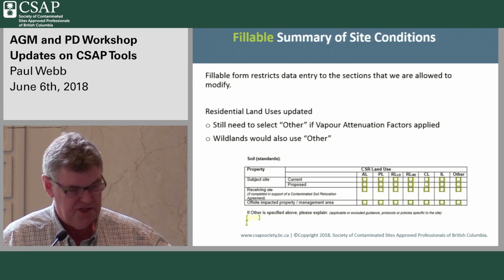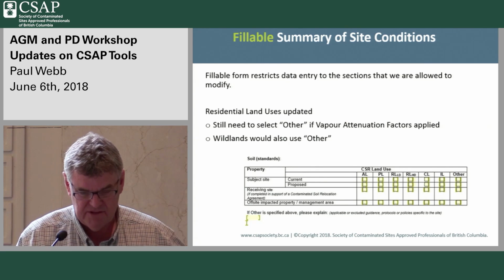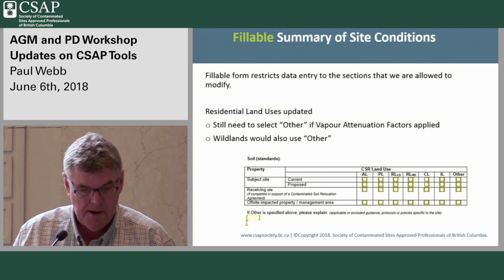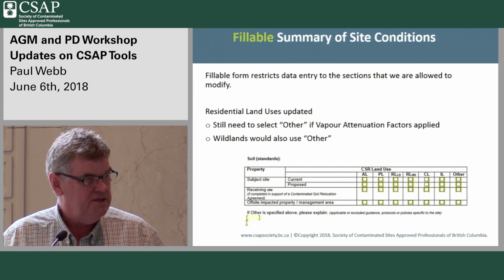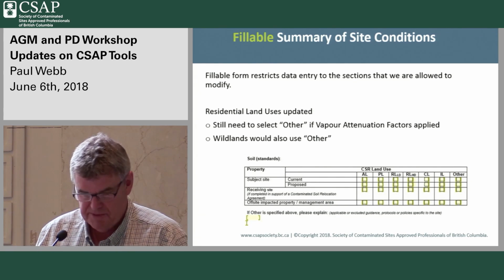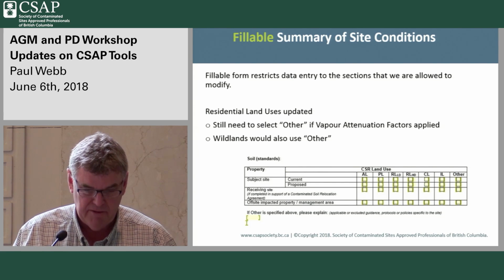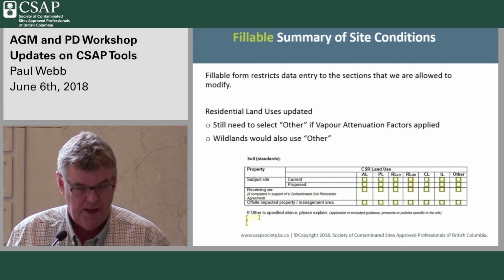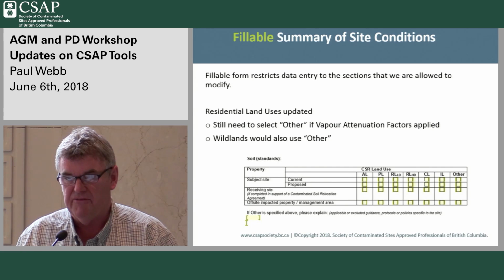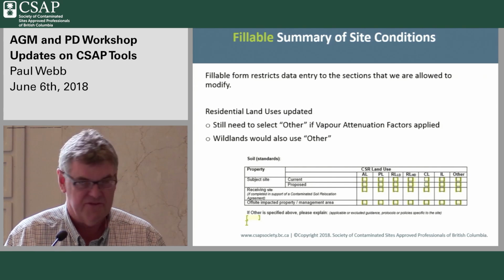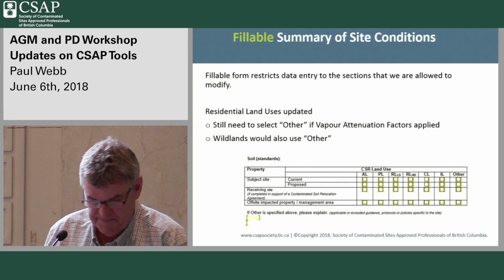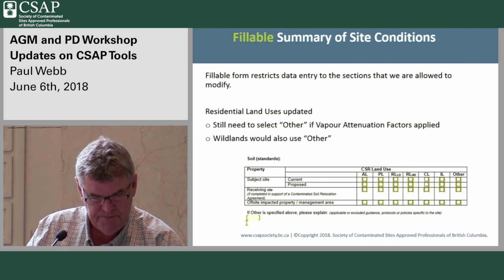One of those is changing to give the two flavors of residential land use now. Didn't include wildlands, sorry for you people that work out in those areas, but that will have to be handled by checking off other, much as we still have to do that for the vapor attenuation factors.